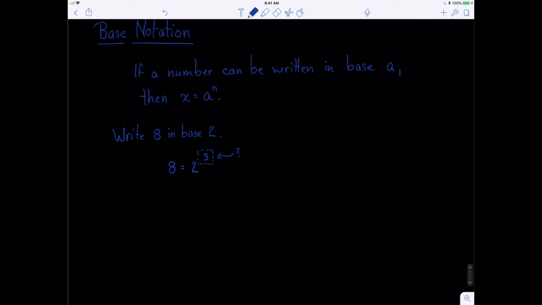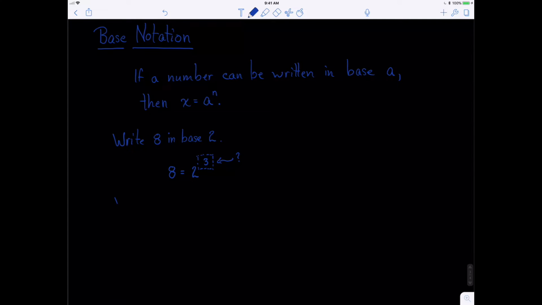Now let's try another one. This one's kind of clever. How about write 1/8 in base 2? Well, this one doesn't seem so obvious to me.